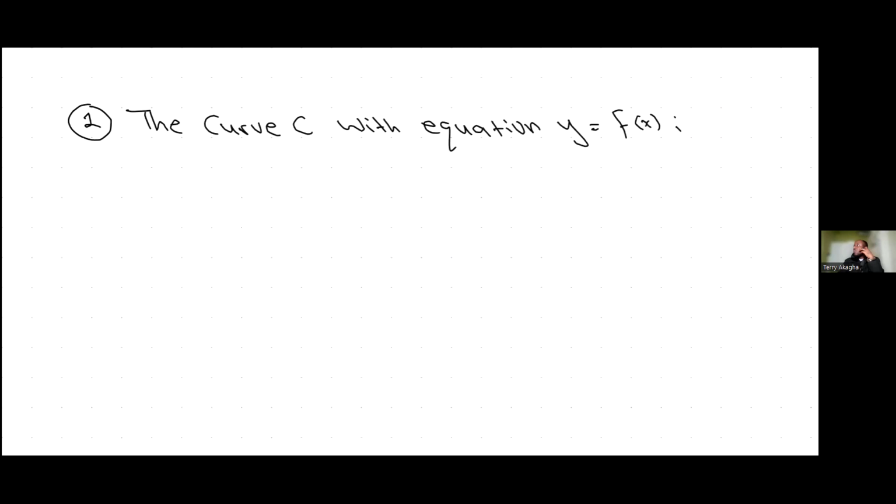They said the curve C, with equation y is equal to f of x, is such that dy over dx is equal to 3x squared plus kx, where k is a constant.